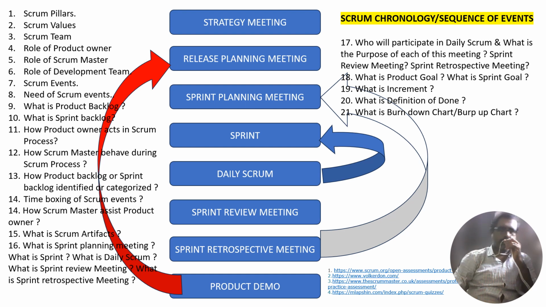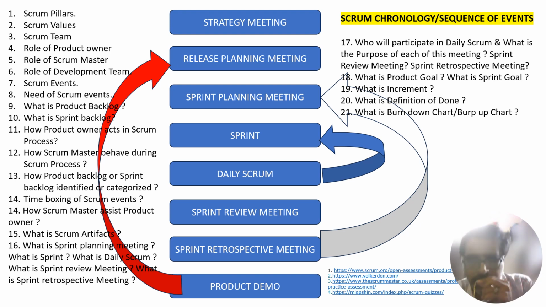So the discussion won't go beyond 15 minutes, right? Even though the Scrum Master is not controlling, the developers are responsible for the daily Scrum, but the Scrum Master needs to advise the development team to keep the discussion within the 15 minutes. It won't exceed a maximum of 15 minutes.